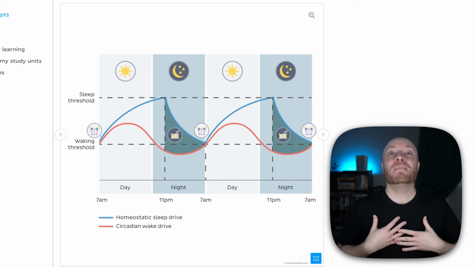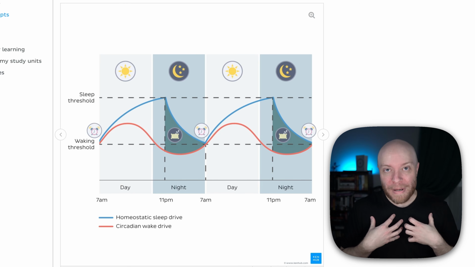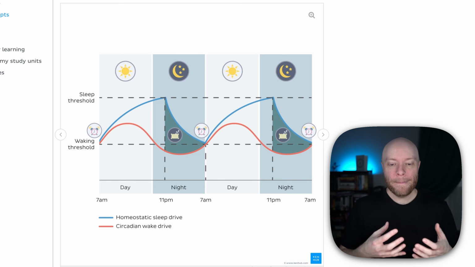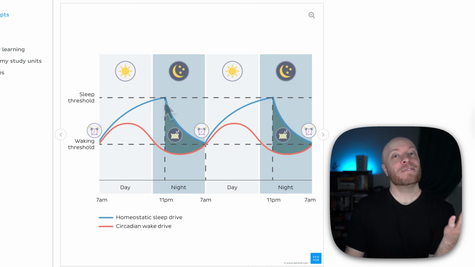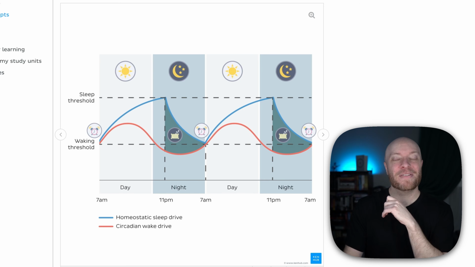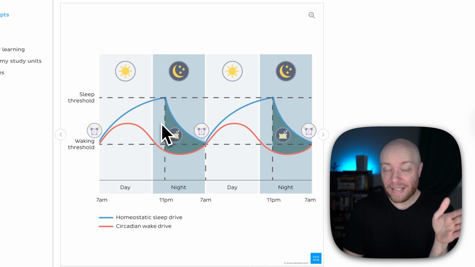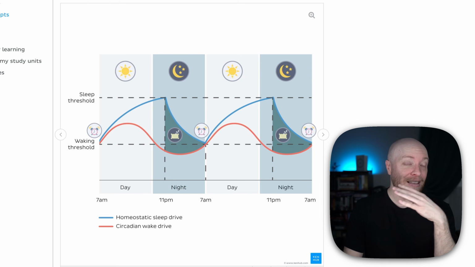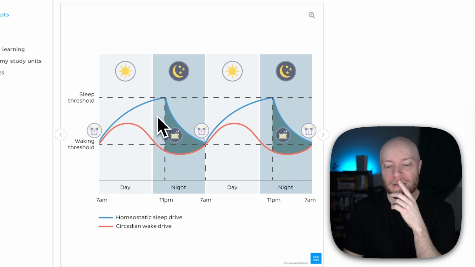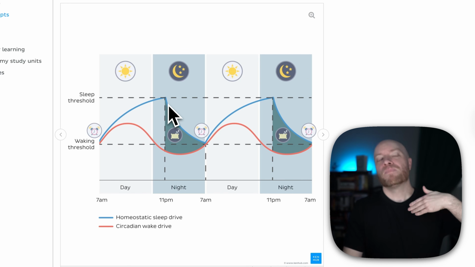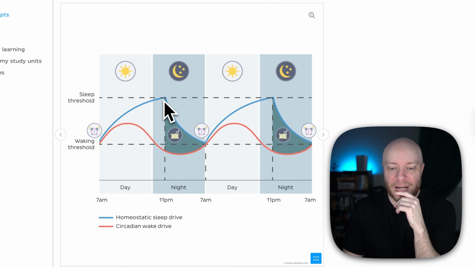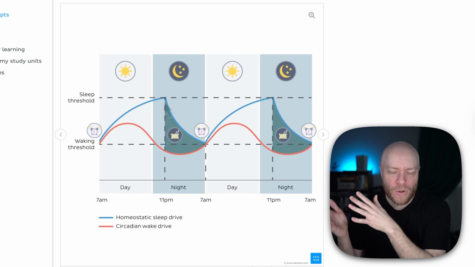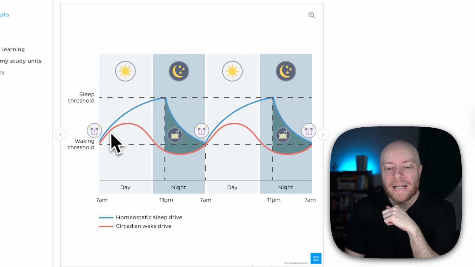So maybe, if you're like me and you're just a verifiable old man, it's around 9 p.m. But maybe for you it's 11 p.m. Maybe your circadian rhythm has adjusted to other hours, like shift work can be chaotic on this. Jet lag, we're going to see why jet lag can mess with this like crazy, but some people can push this out quite significantly, basically like 3 a.m., so on and so forth. But the point is here, adenosine builds up and then you cross this sleep threshold.